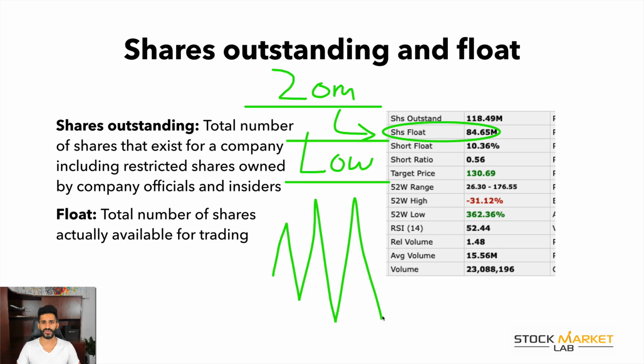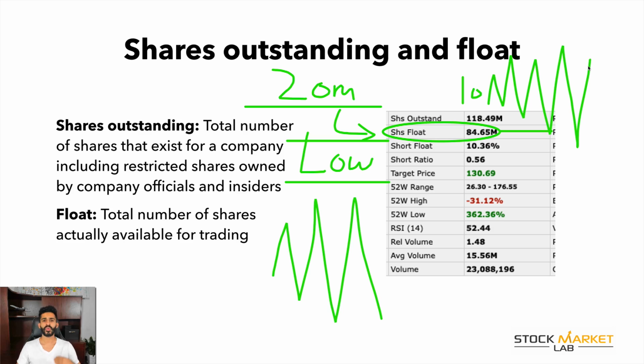It's easier for it to fluctuate. So keep that in mind. This has 84 million. Now, if this had 10 million, it would be easier for the stock to go up or down. And this is important to understand because, like I said, once we get to this point on understanding what you want to trade and what your risk tolerance is, understanding these concepts is very important, and they're going to play a very huge role.